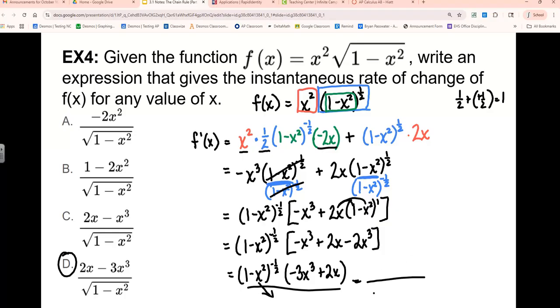That'll make this square root of 1 minus x squared there in the bottom. And then they just wrote this as 2x minus 3x to the third instead of negative 3x plus 2x. And you kind of have to use your answer choices to guide you in that last part because there's no rule that says that you can't leave it like this. We just know our answer choices don't look like that.